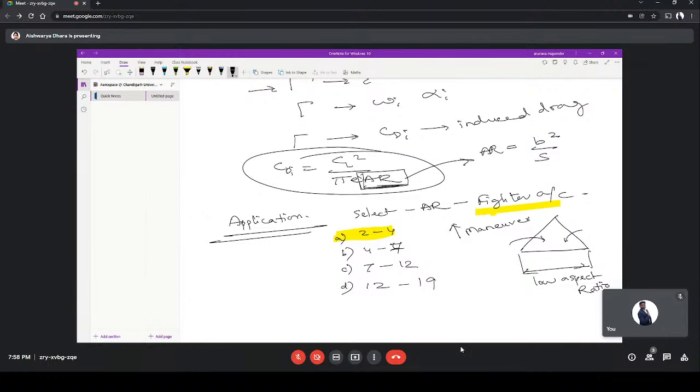So the aspect ratio means b is directly proportional, right? That means if the aspect ratio increases, span is also going to be high, right? So if it is high, the wing length is also going to be high.